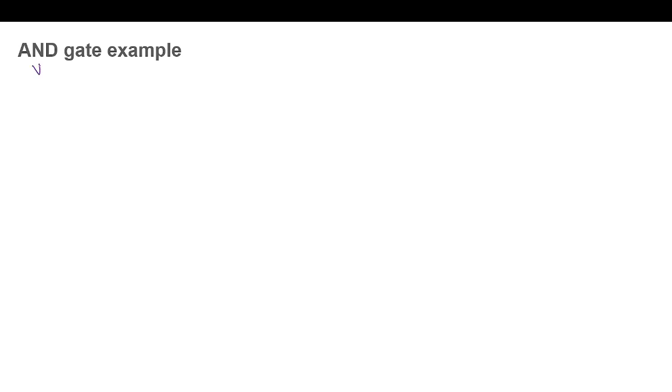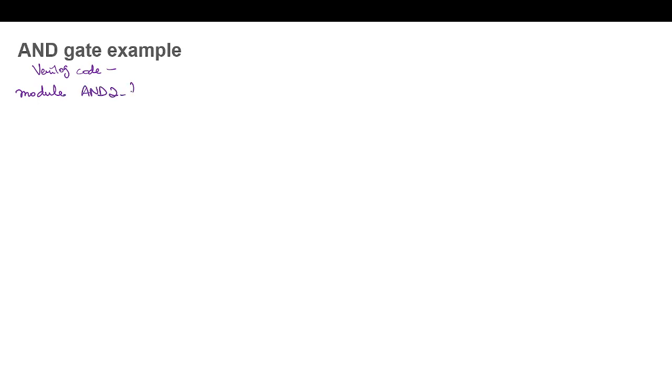Now let us try some examples. First we will write the Verilog code for the AND gate. It starts with module and the name AND gate.